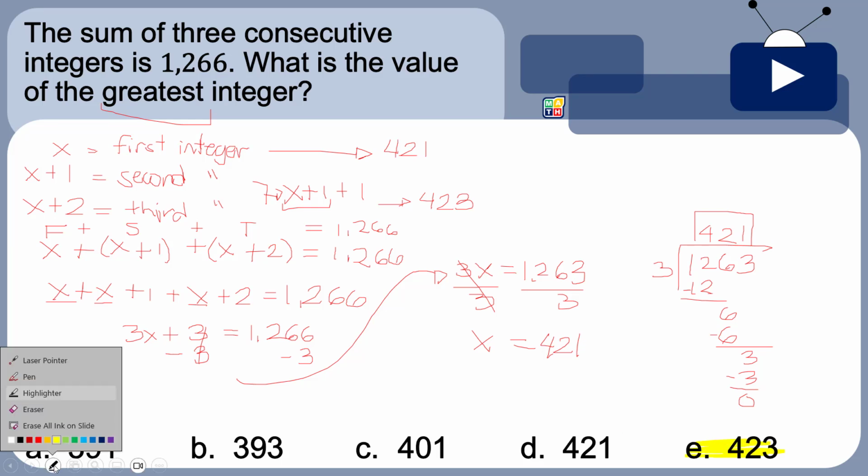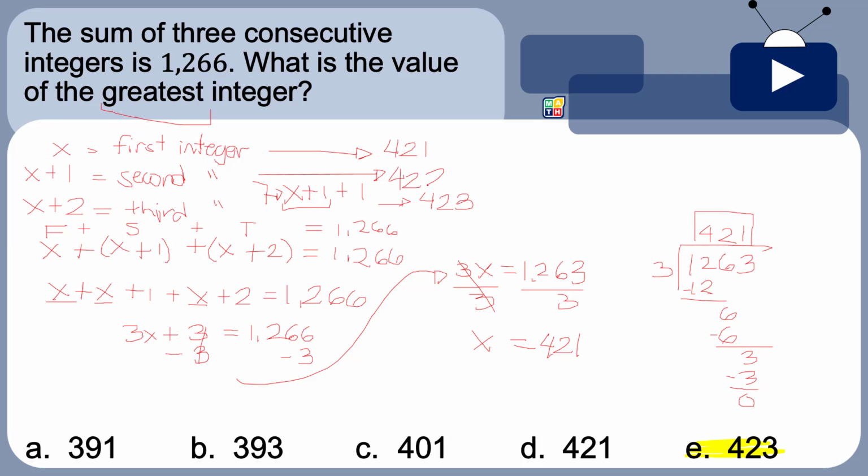Of course, you are not asked about the second integer, but let's just complete this anyway. You have 422. The next part of this is not necessarily needed for you, especially if you're taking an examination po. Pero, this will allow us to make sure that yung sagot natin is tama. You can try to add all of this because the sum of the 3 should reach 1,266.